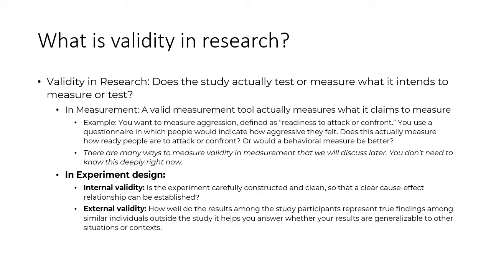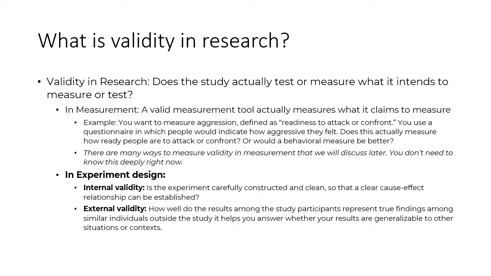And a lot of people use a behavioral measure, giving participants in the research an opportunity to act toward another person in an aggressive way without actually causing harm to the person, and that person would be a confederate and wouldn't be vulnerable in the experiment. But we can set up situations like that that might be better. And so in that case, the behavioral measure might be more valid than the questionnaire measure.